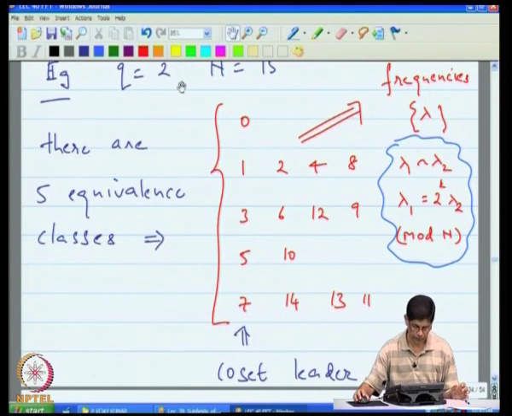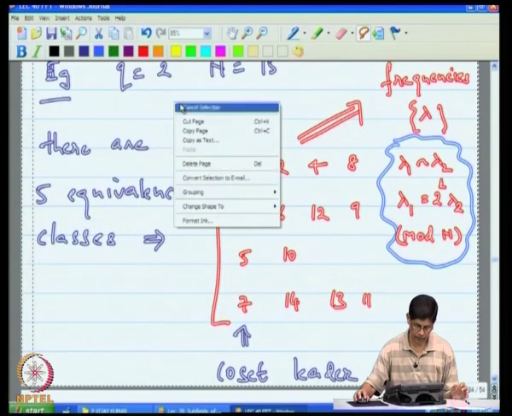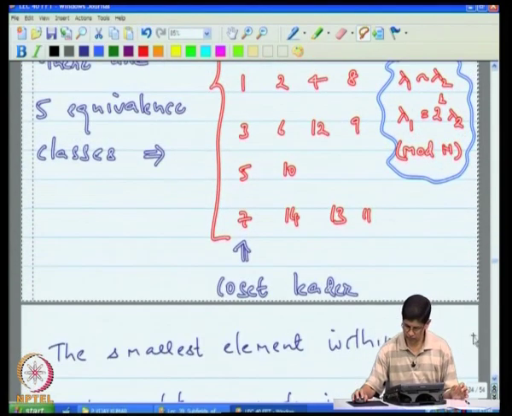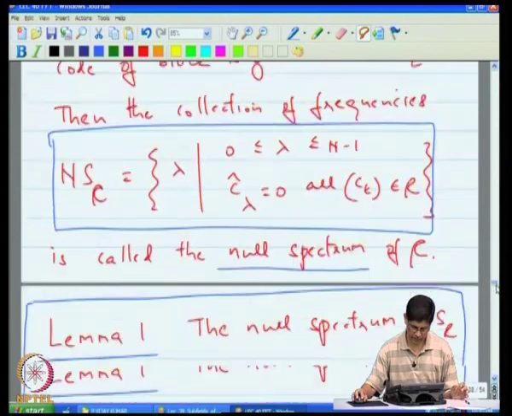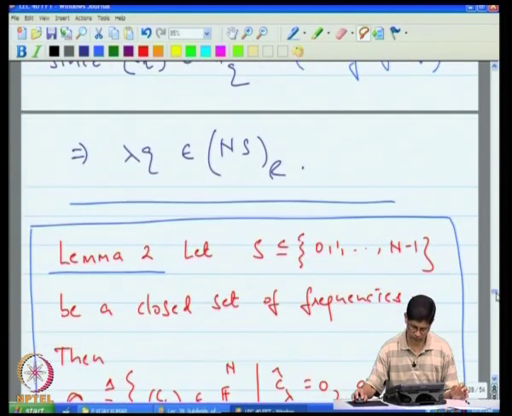Maybe what I will do is, let me just copy the page and insert it where I can use it.